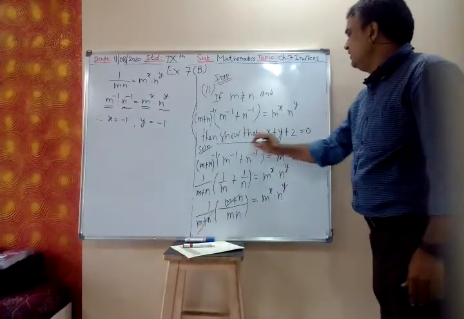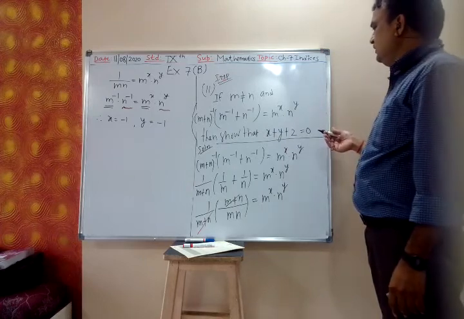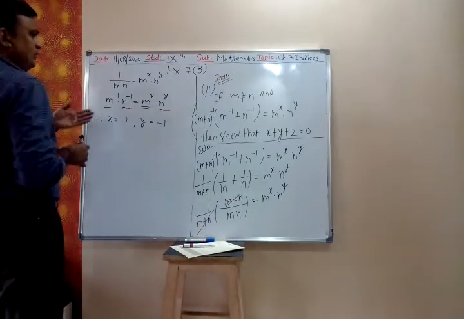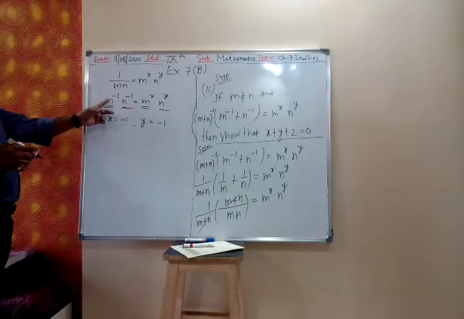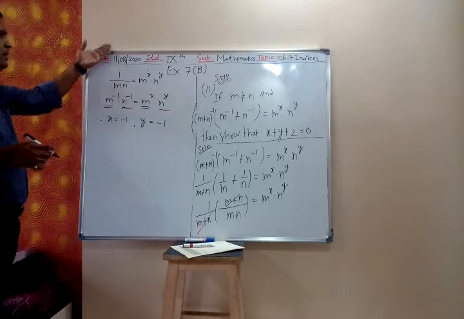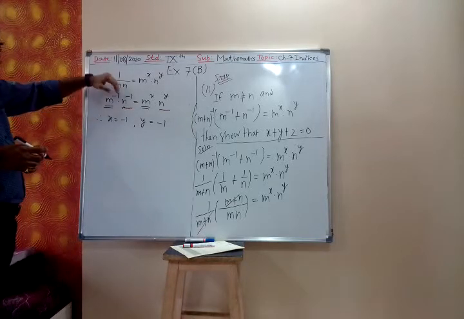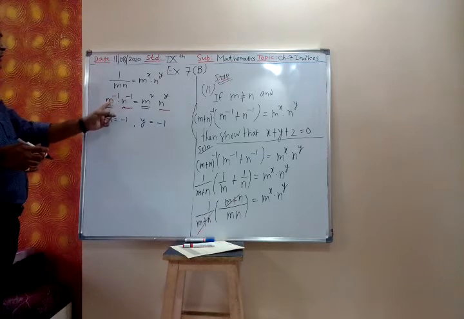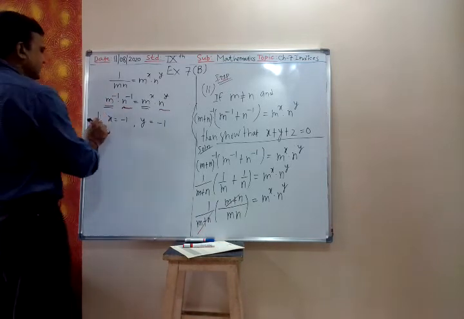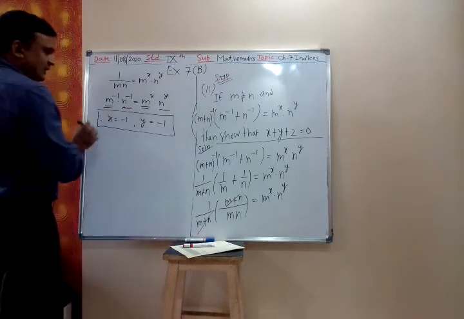This is my question. 0 is not there, no? Power of m is minus 1. m I will take in the numerator, m raised to minus 1, n raised to minus 1. Same base m, so x is minus 1, y is minus 1.